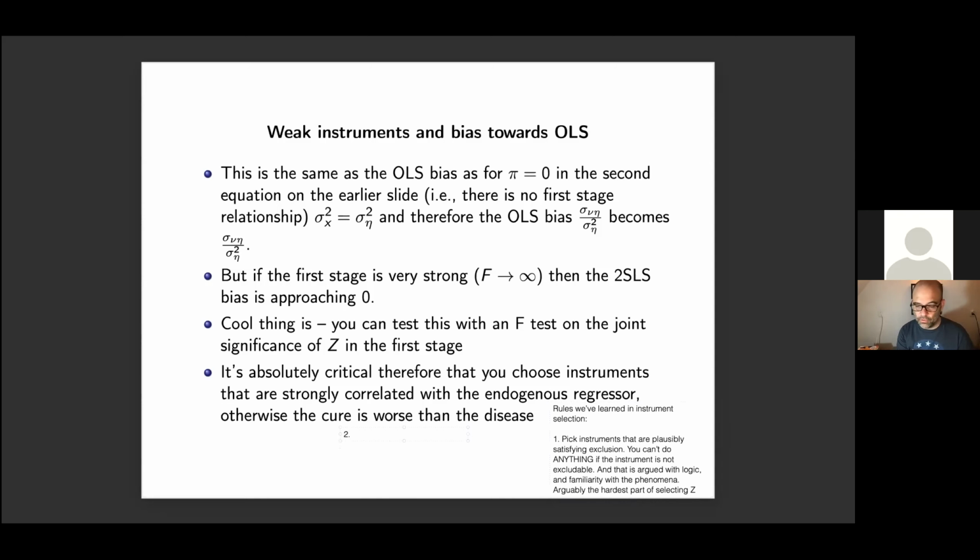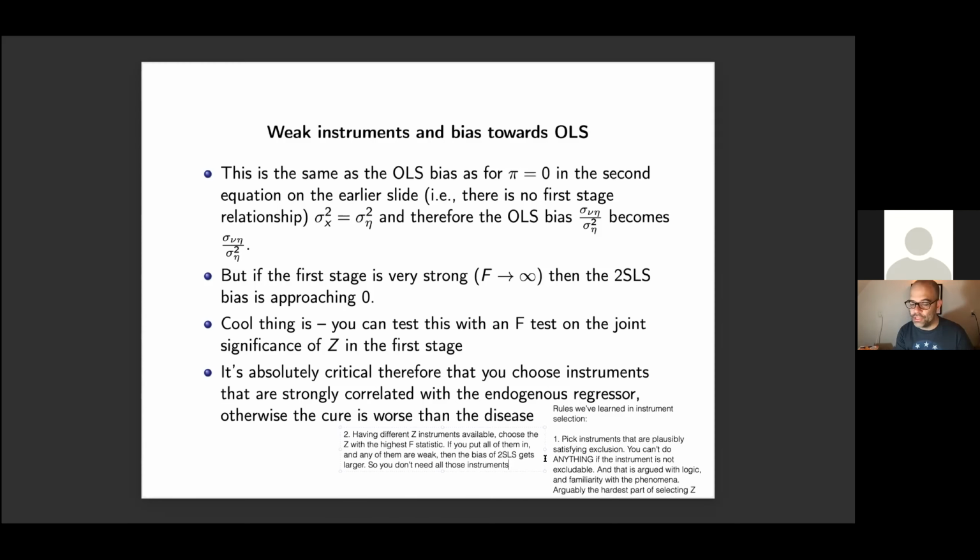But number two, having different Z instruments available, choose the Z with the highest F statistic. If you put all of them in and any of them are weak, then the bias of two-stage least squares gets larger. So you don't need all those instruments.